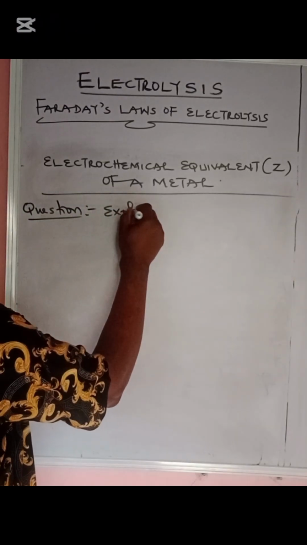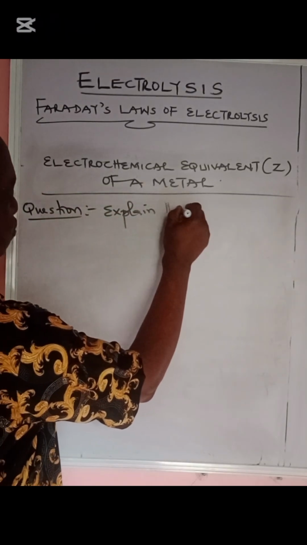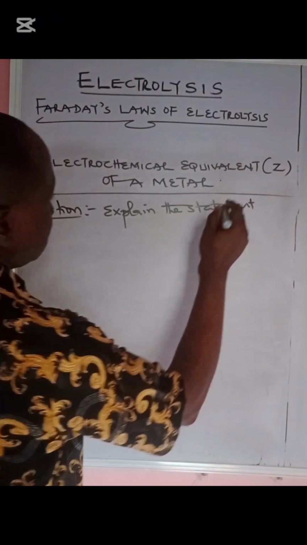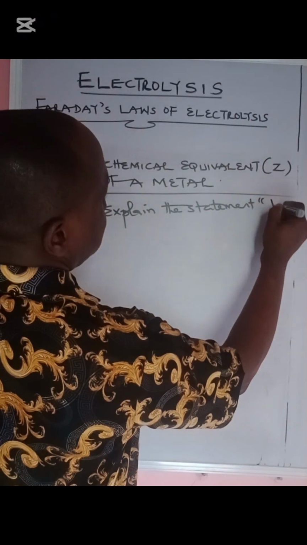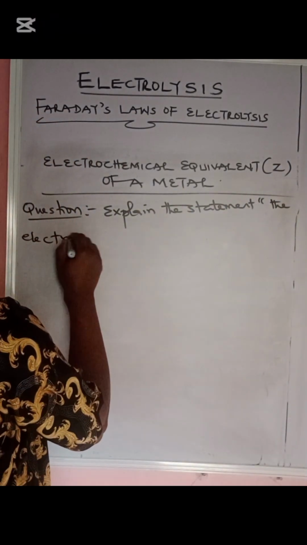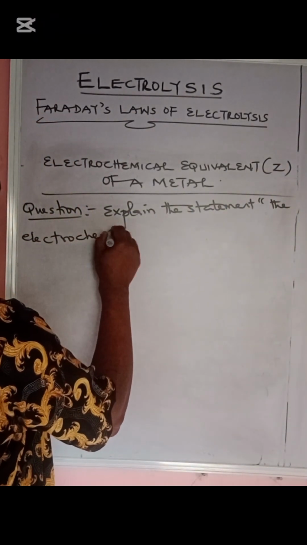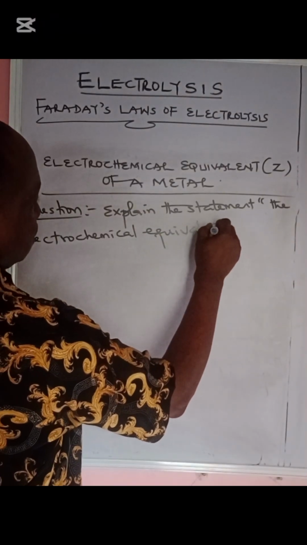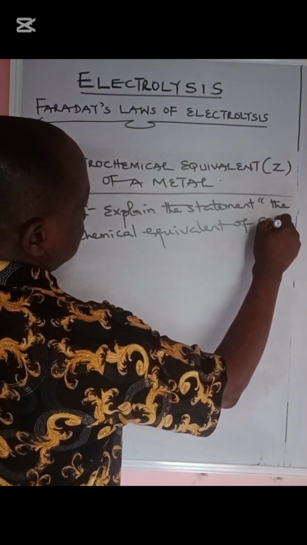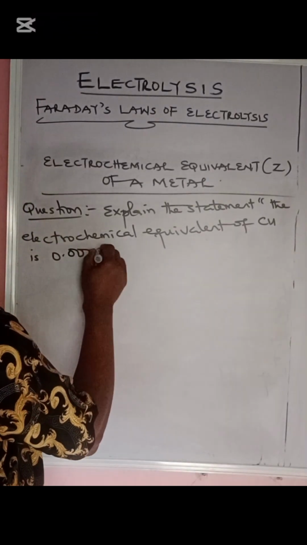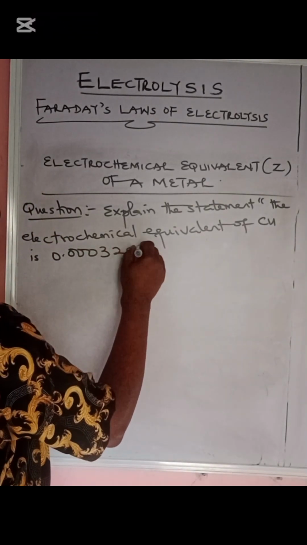Explain the statement: the electrochemical equivalent of copper is 0.00032 gram per coulomb.